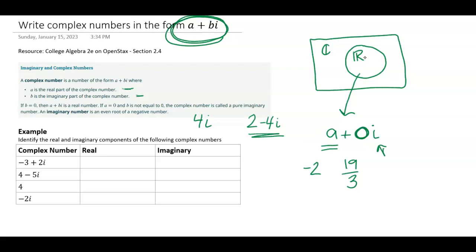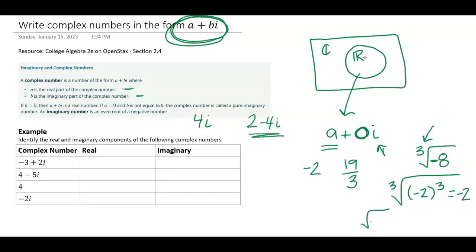Meaning if you were to take the cube root of -8, well, -8 is -2 times itself 3 times. So you can take odd roots of negative numbers and get an output.